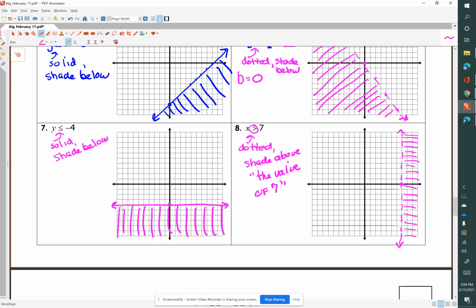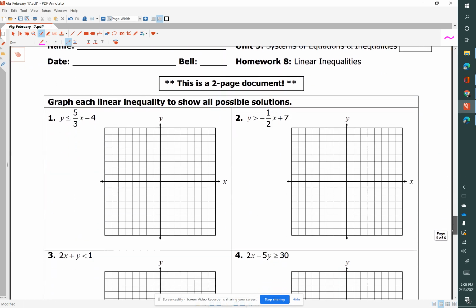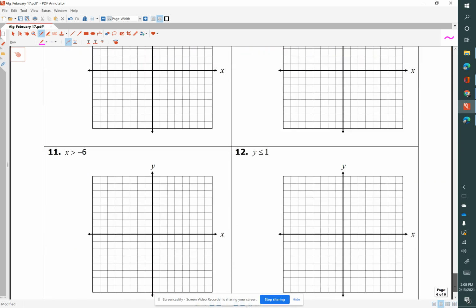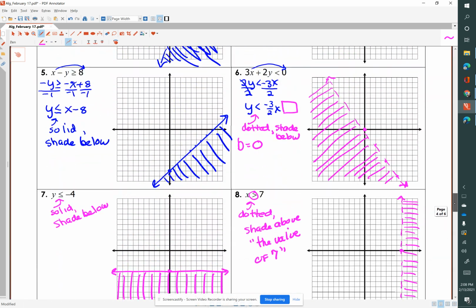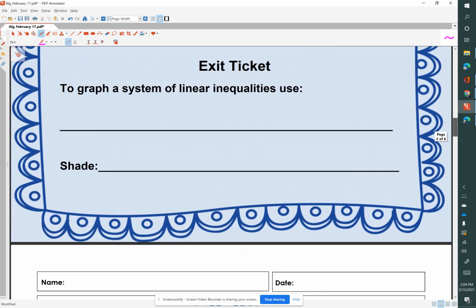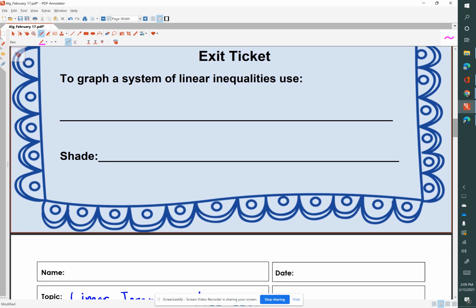So let's go back. For homework, you have 12 problems. And let's go back to our exit ticket. To graph a system of linear inequalities, okay, use a solid line to graph less than or equal to and greater than or equal to symbols.